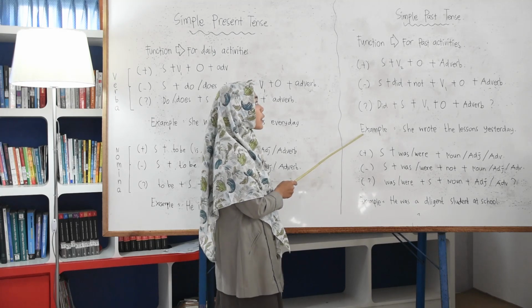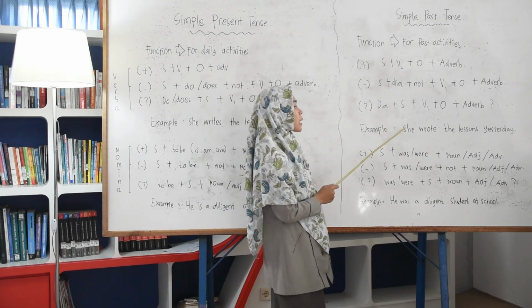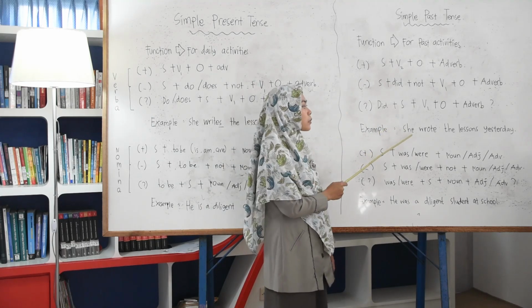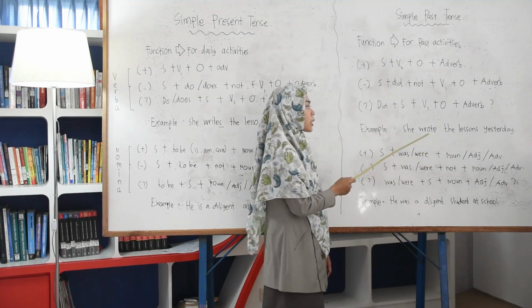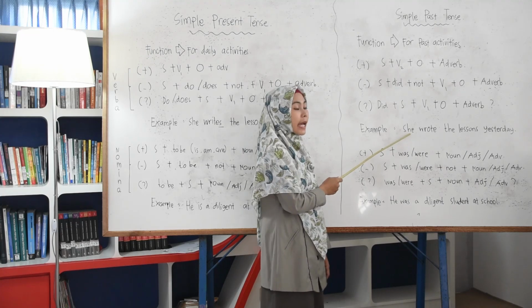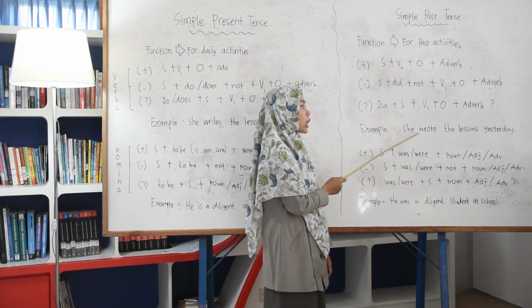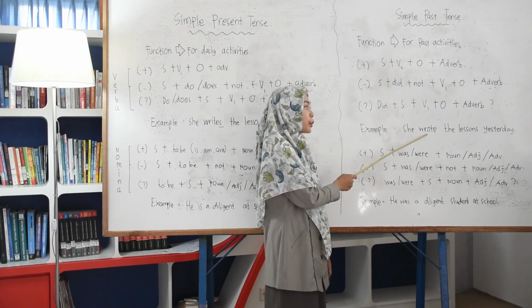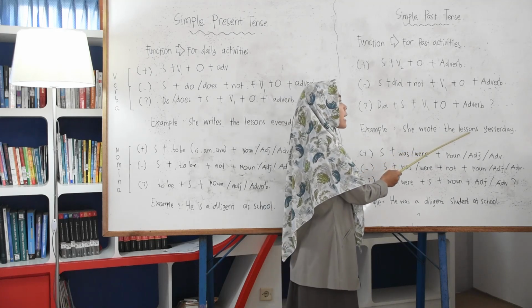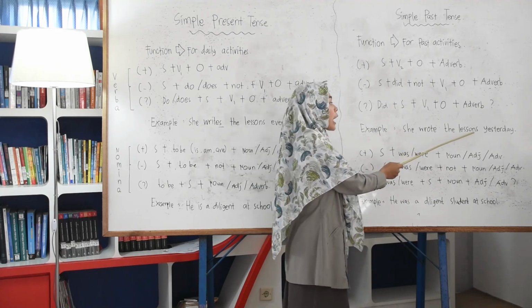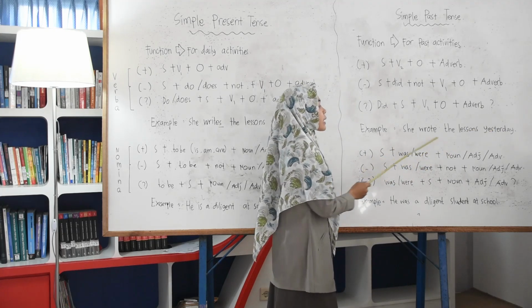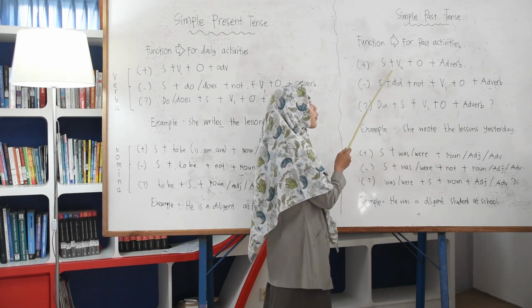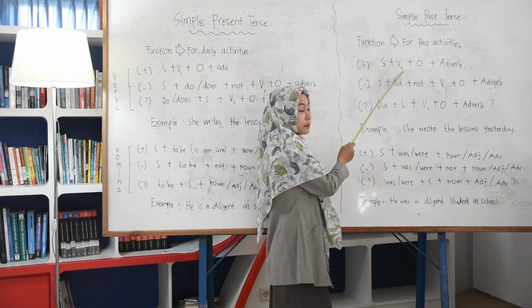For example, here, simple past tense using verbal form, she wrote the lessons yesterday. Okay, here, she as a subject, wrote as a verb 2, the lessons as an object, and yesterday as an adverb. So, this sentence uses the positive form.